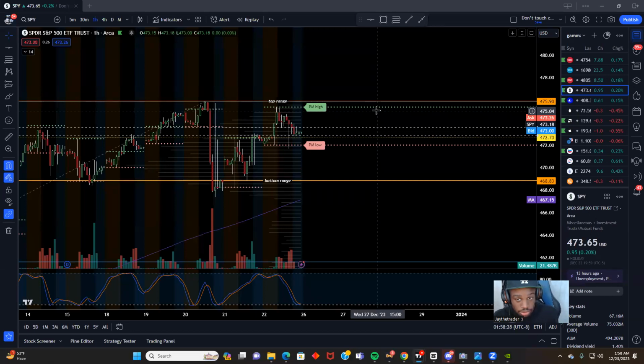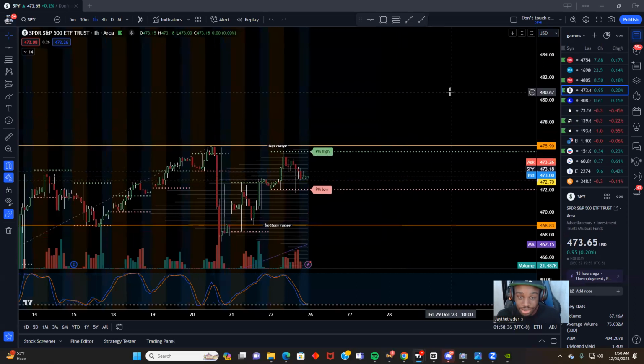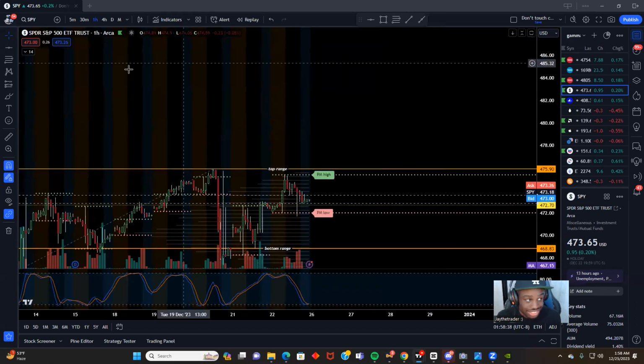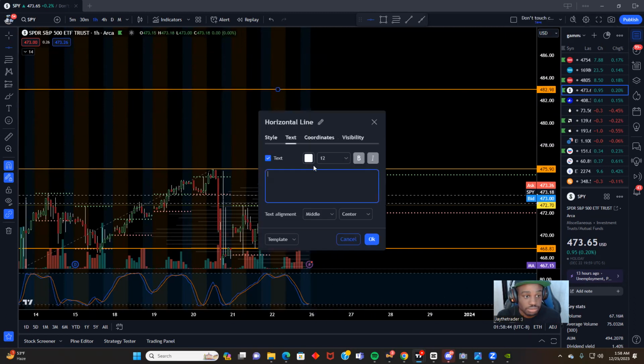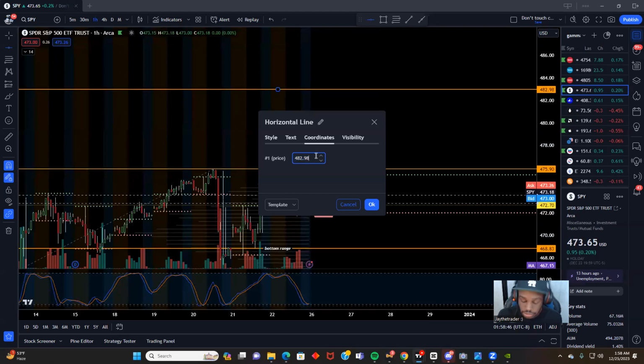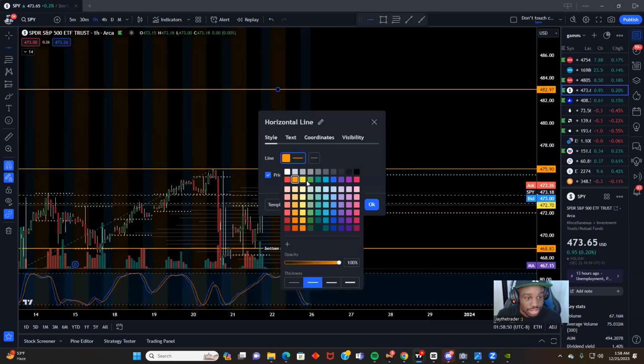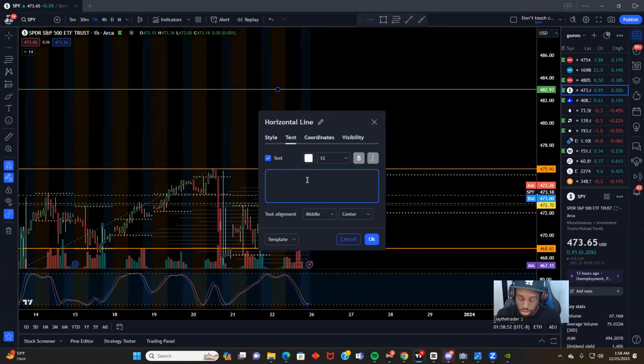So 475.90 plus $7.07 gives us a mathematical high of 482.97. So I'm going to look for that 482.97, identify it, clean it up, and mark it as green. Text that as top IMV target.